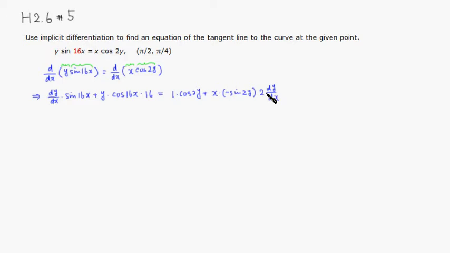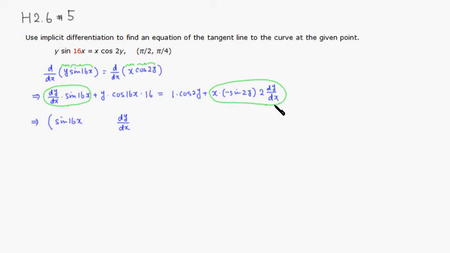All right, so we have that. Then we just have to collect all the terms with dy over dx in it. I'm going to collect this guy on the left and this guy on the right and combine them. Both of them have dy over dx, so I'll pull that out first. From here you have sine of 16x.